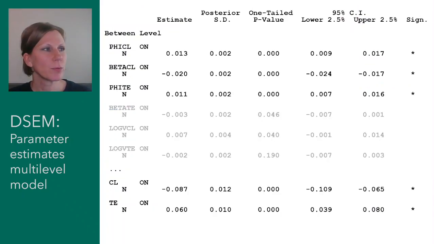If we look at the output, this is what we get for the parameter estimates. So we have the on statements where all the random effects are regressed on neuroticism. And again, for some we have evidence that they differ from 0, for others we don't. We can also look at whether they're positive or negative, of course.